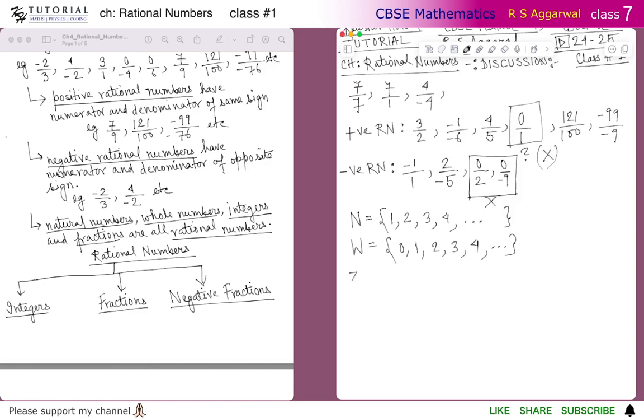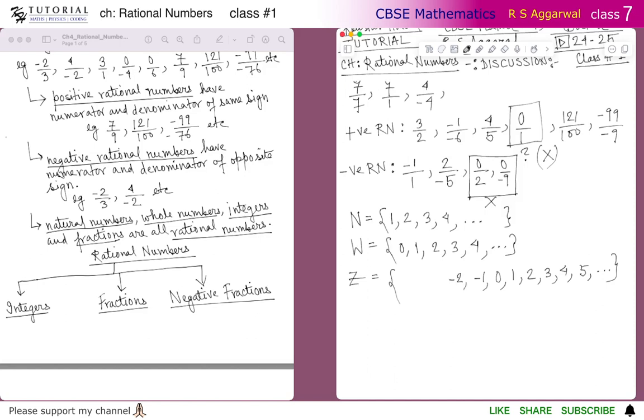Now, what are integers? Integers are nothing but the whole numbers as well as the negatives of the natural numbers. So you have 0, the whole numbers and the natural numbers, like this, on the number line. 1, 2, 3, 4, 5 are on the right hand side of the origin. 0 is the origin, and on the left hand side you have the negatives of the natural numbers.